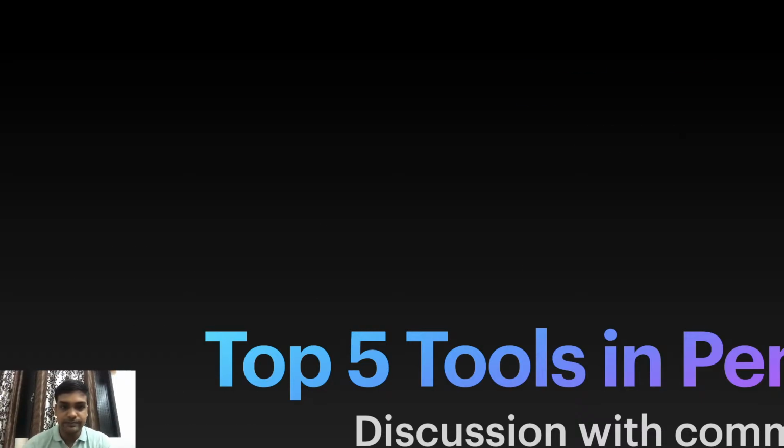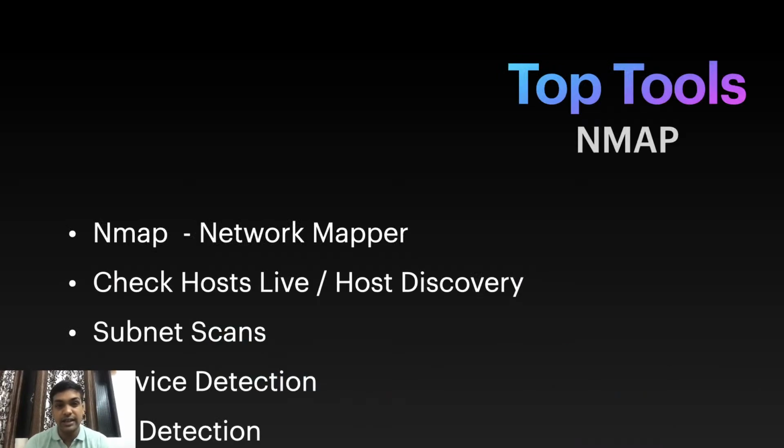So let's start. The top tool that I consider in terms of pen testing is Nmap, the first one. It takes the first position in the bag. Nmap stands for Network Mapper. Nmap is widely used by security researchers and penetration testers for doing a network audit.